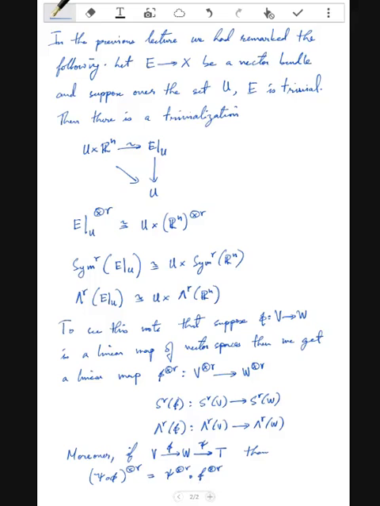And similarly, S^r of psi compose phi is equal to S^r of psi compose S^r of phi, and exterior r of psi compose phi is equal to exterior r of psi compose exterior r of phi.